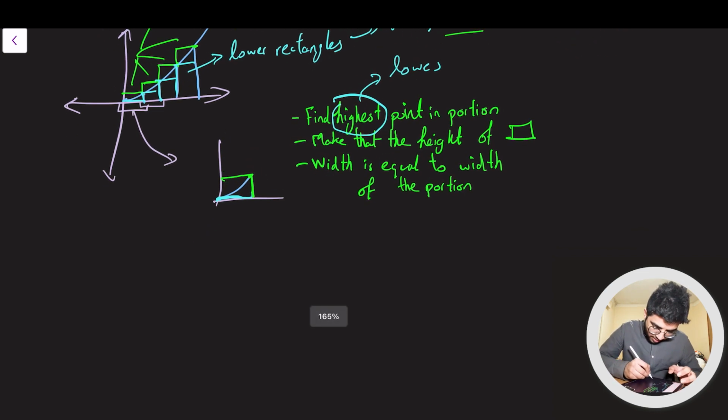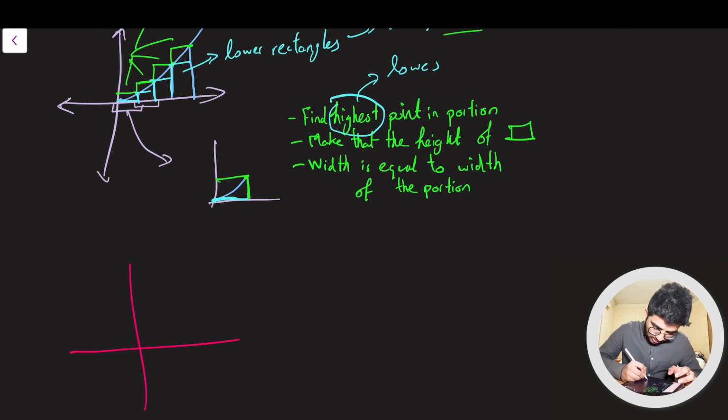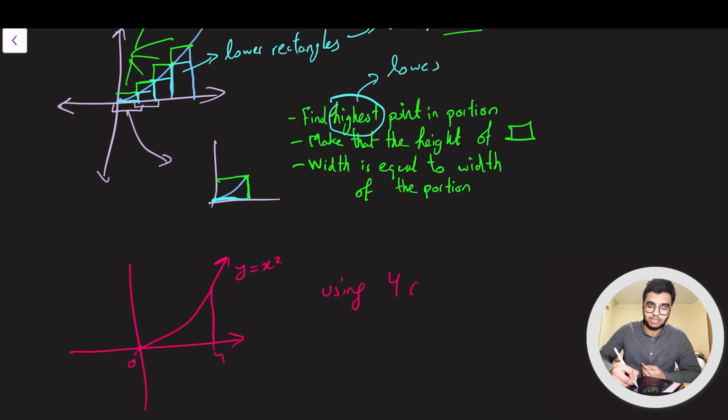So if we have our curve like this, same function, just to keep it simple, I want you to find the area from 0 to 4 using 4 rectangles. Using 4 rectangles, I want you to find the range for the area.